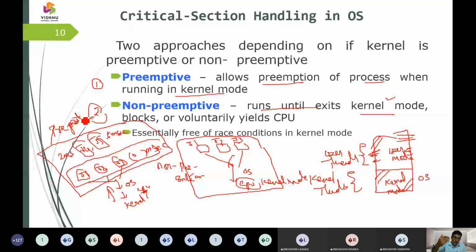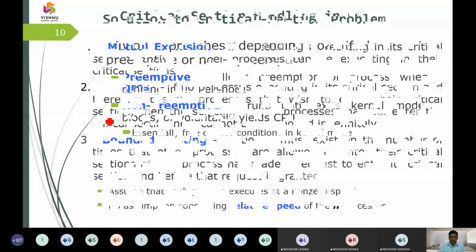But when it works in non-preemption, it does not suspend any process. It completes it, runs it, and doesn't exit from the kernel until the jobs are performed. That is the difference between the kernel's preemption and non-preemption.